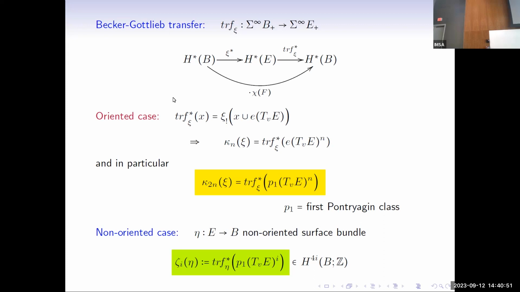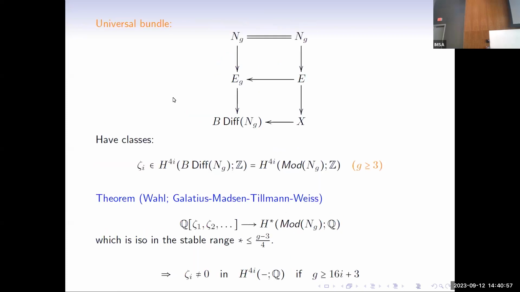So these classes lie naturally in dimension 4i of the base. And if you do this for the universal bundle over BDiff of N_g, then you can get characteristic classes for any non-orientable surface bundle, say smooth over a manifold X.